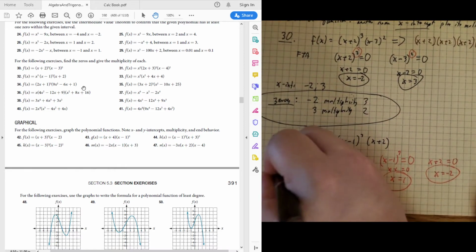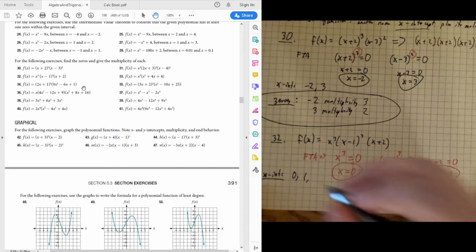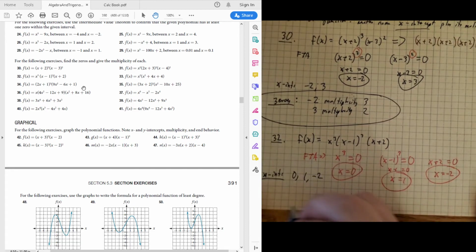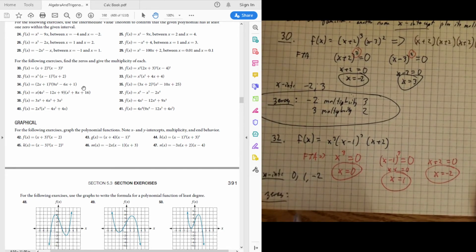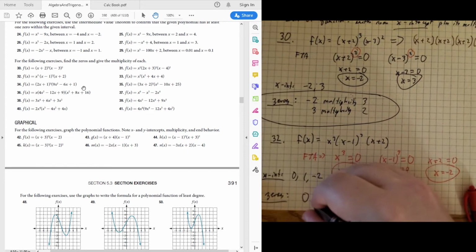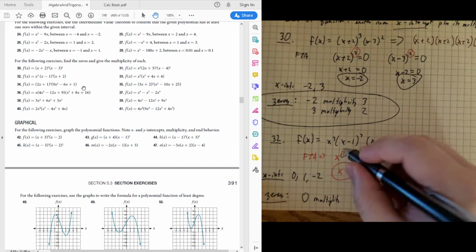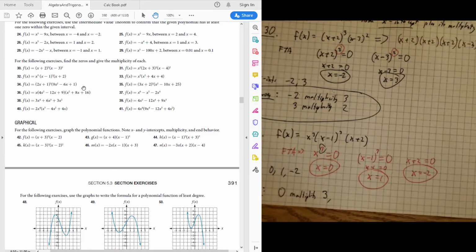So if all it was asking about was the intercepts, that would be the answer: 0, 1, negative 2. But if it asks about the zeros, which is a different answer, we would have 0, but it appears 3 times. So 0 multiplicity 3.